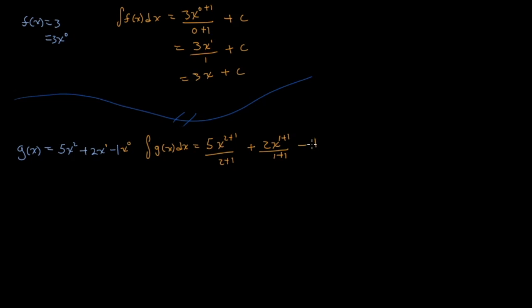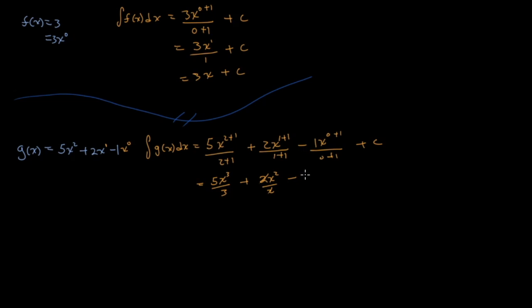So times x to the power of 0 plus 1 over 0 plus 1, and then plus c. When we simplify that, we get 5x cubed over 3 plus 2x squared over 2, in which these 2's cancel out.